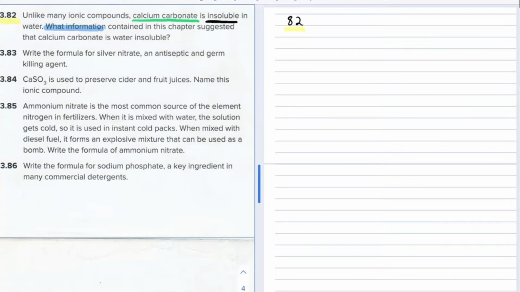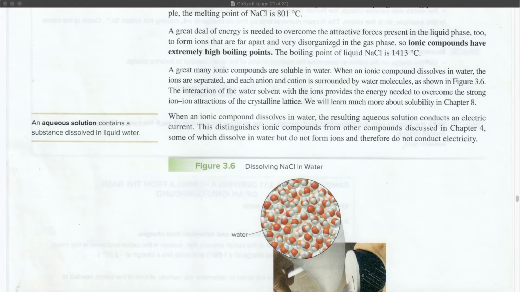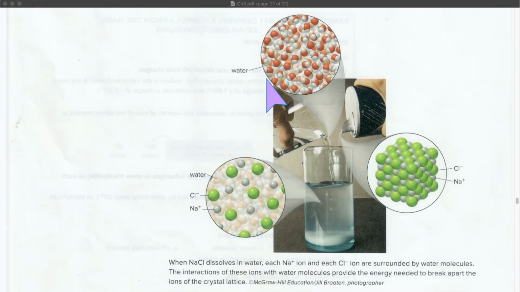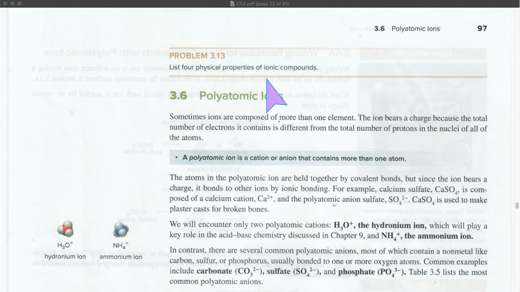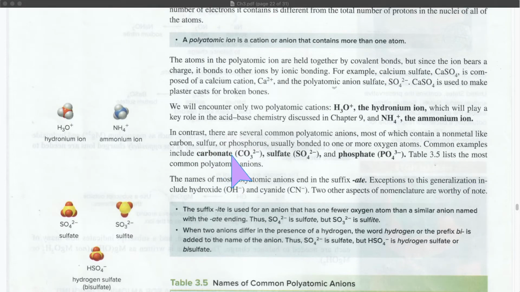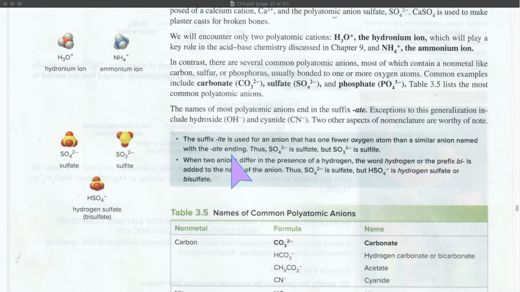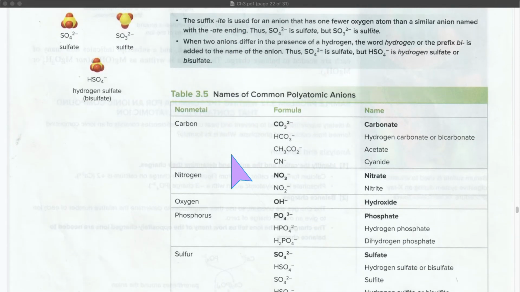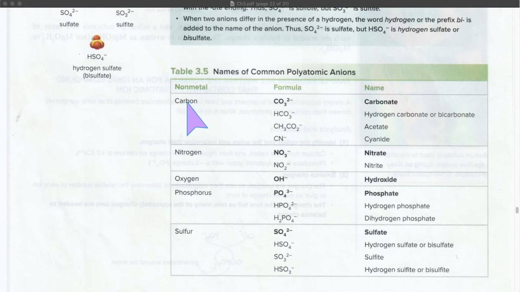Okay, so where is it at? And you basically have to comb the chapter. Well, I found only one place that discussed calcium carbonate. Okay, here's a little bit of mention of carbonate. It doesn't really say much about dissolving in water, but carbonate is a polyatomic anion.